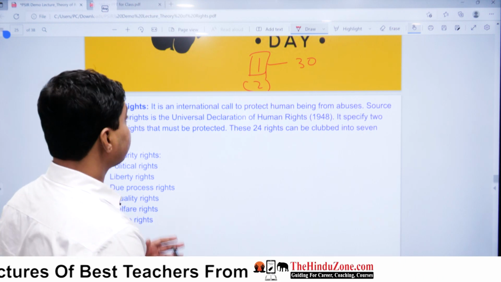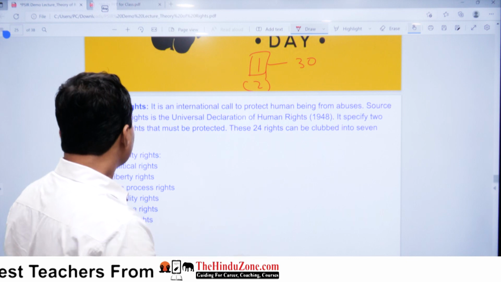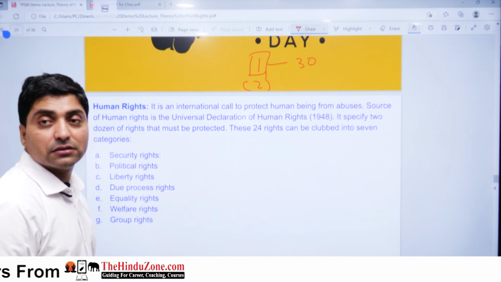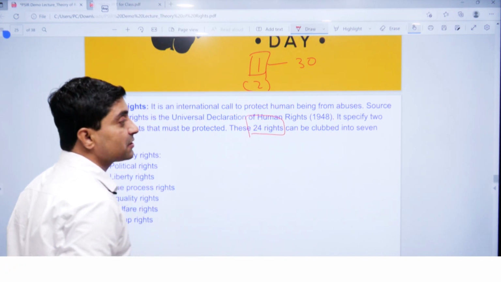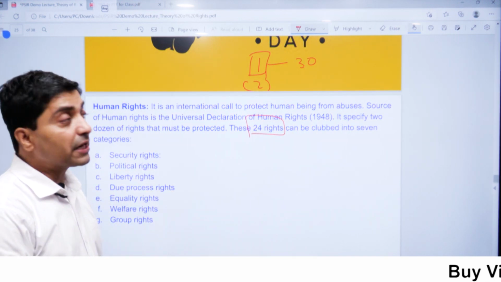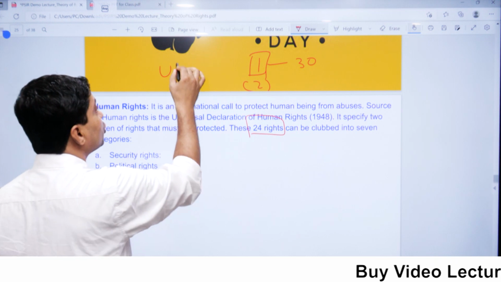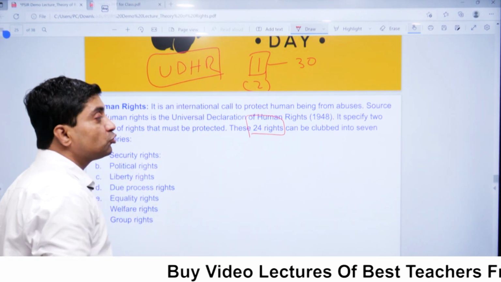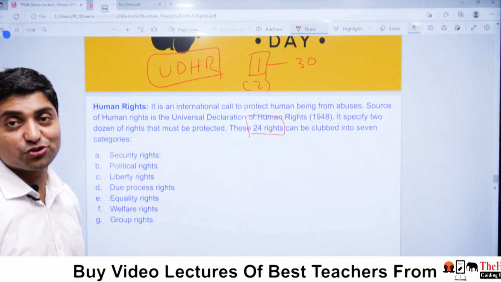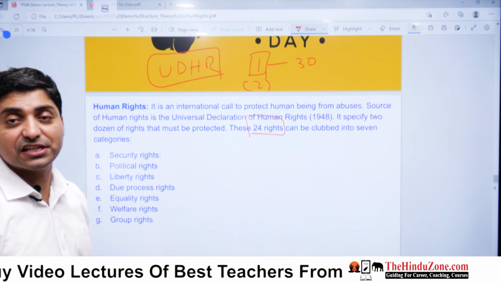Now, we can divide these, and I have divided them, into 24 rights declared by the UDHR, Universal Declaration of Human Rights. These 24 rights can be categorized in different ways.